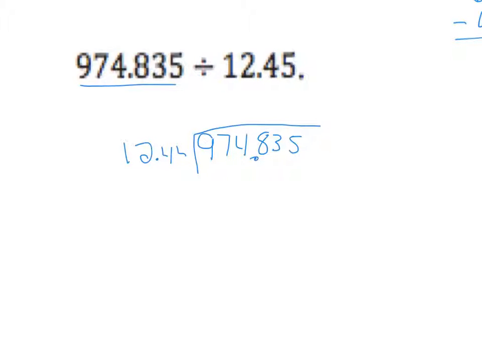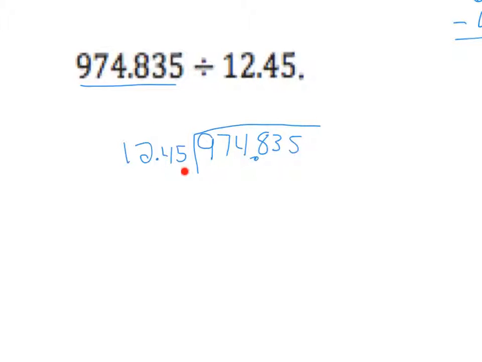Now, it's really difficult to divide by a decimal. So what will help us is to clear our decimals. And sometimes it doesn't get explained why or how, but we usually talk about just moving the decimal over. But what we have to do to clear this is multiply by 100.